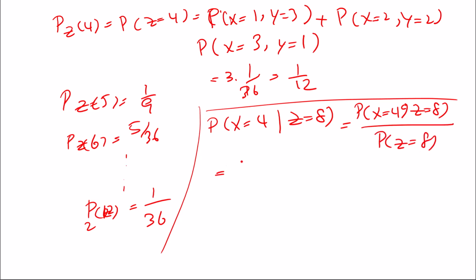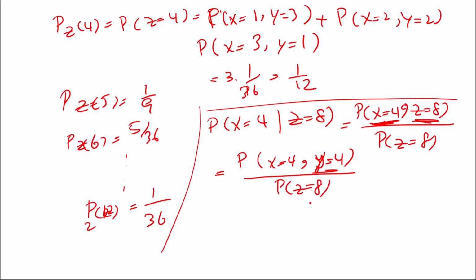This is equal to probability of x equal to 4 and y equal to 4, because this is one of them. When x is 4, the other one is also 4. So y is equal to 4, divided by probability of z equal to 8.